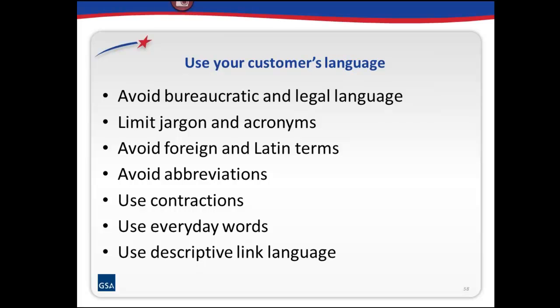I mean, they capitalize federal, they capitalize government. And we know that's not strictly speaking a typo, it's a style guide issue. But to people who do not work in the government, they say, what a typo, or what an ego. These are things you have to think about when you're communicating with a non-federal government reader.